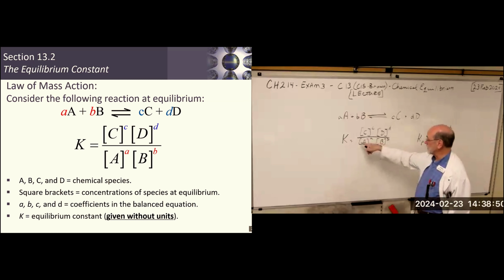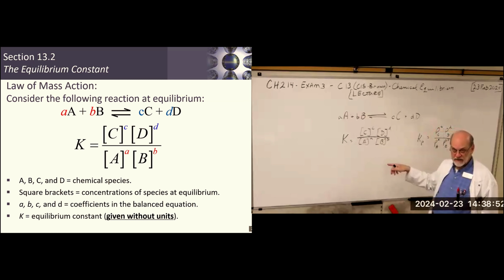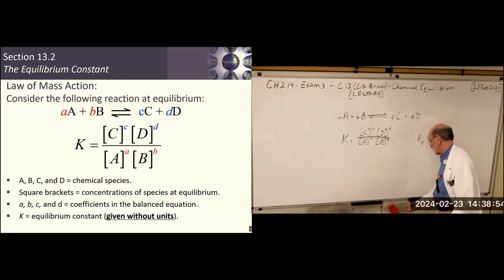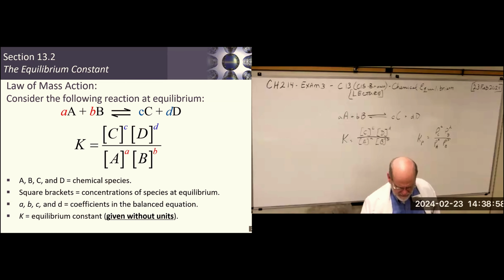Now these values are going to be different, because they're different units of measure. But they are related, and I think we get to that in a couple of slides.